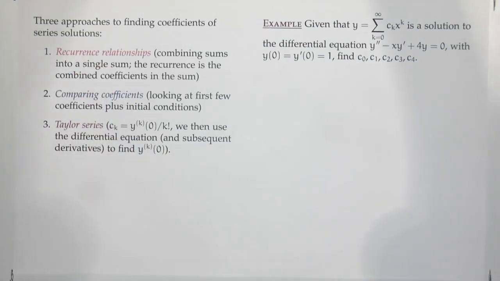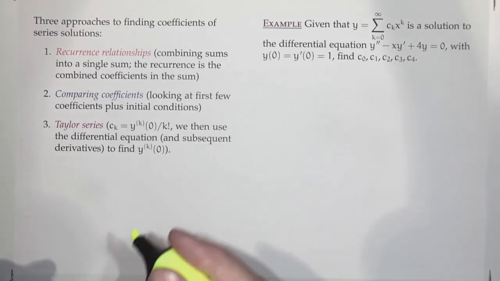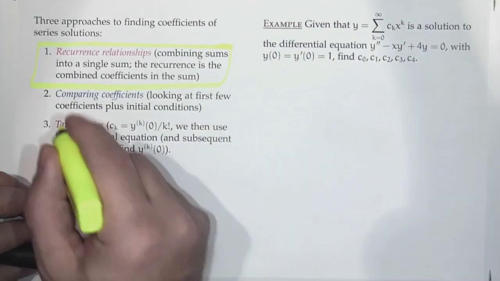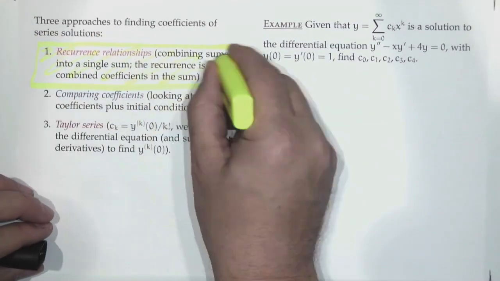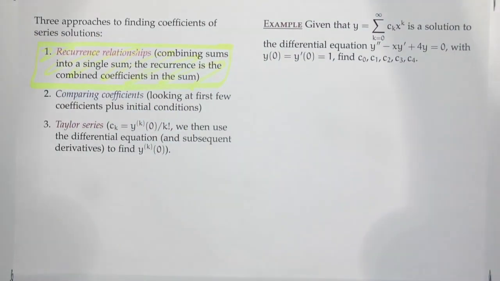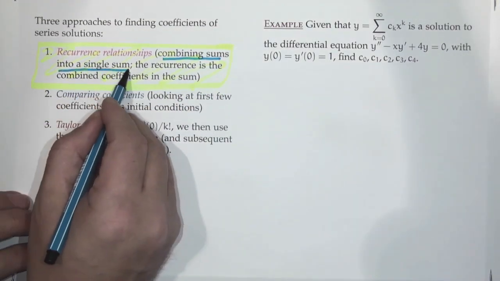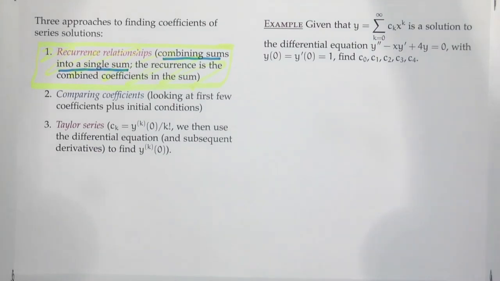So I want to talk about recurrence relationships. This is the part where we take our differential equation, feed in everything as a sum, and combine everything into a single sum. That's what we're focusing on when we talk about recurrence relationships.